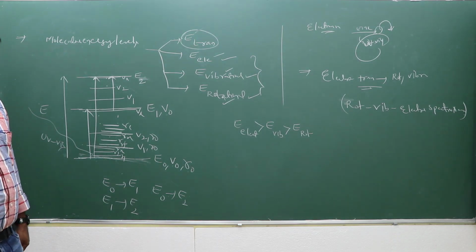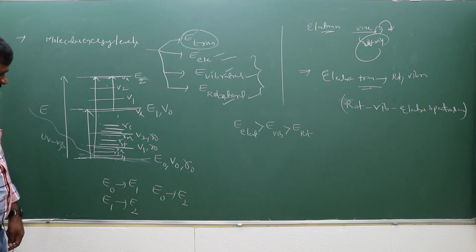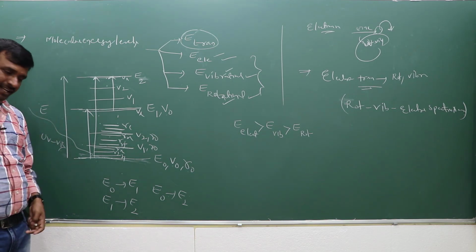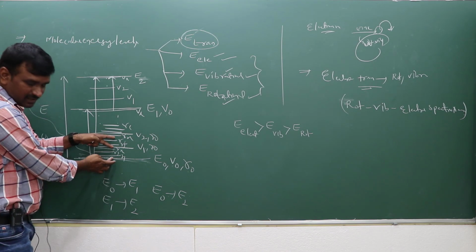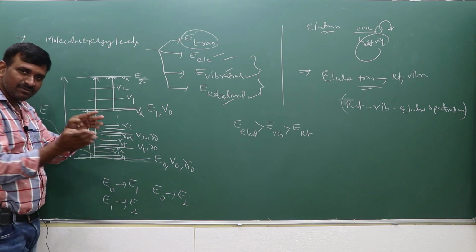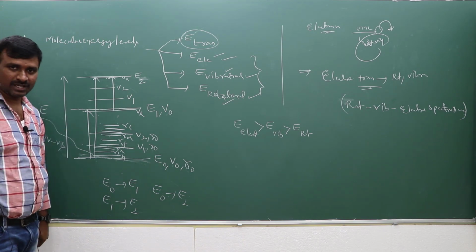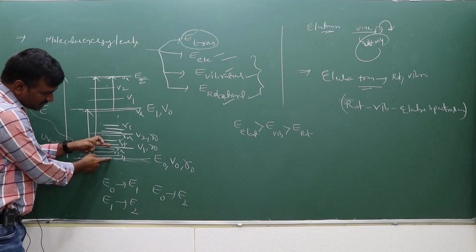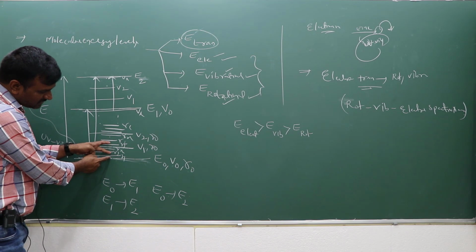Combine these three. Suppose in IR spectroscopy, if the sample absorbs IR range of radiation, only V0 to V1 or V0 to V2 transitions take place between the vibrational levels only. Between the vibrational levels, which levels are there?